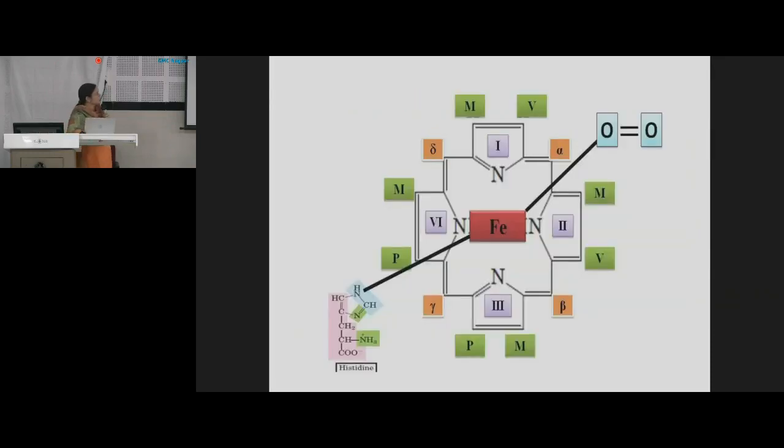Now we'll see the structure of heme in brief. This is the structure of heme. It is a tetrapyrrole structure. Pyrrole rings are numbered in Roman numerals as 1, 2, 3 and 4, which are linked together by methine bridges, designated as alpha, beta, gamma and delta. The substituents present are 4 methyl groups, 2 vinyl and 2 propionic acid.